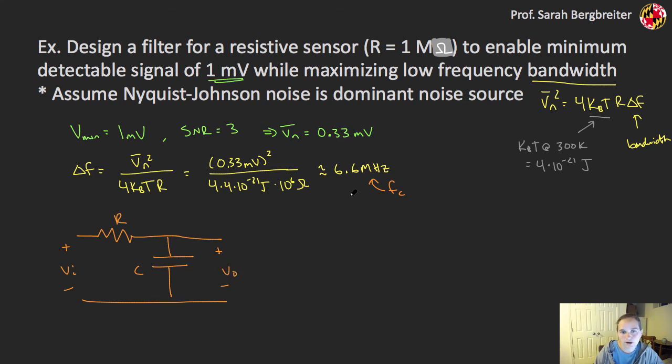And now that I know my bandwidth that I have here, I need to pick some parameters for R and C. Obviously, I have an under-constrained system, so I'm just going to pick an R. So I'm going to say, let's set R equal to a kilo ohm, and let's calculate then what C needs to be equal to. So I know by definition that omega C is 1 over RC.